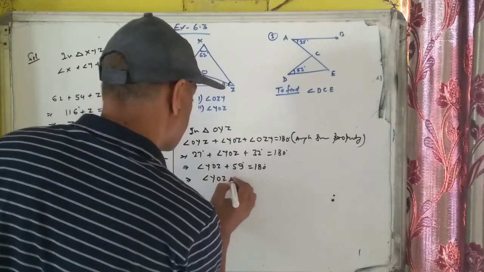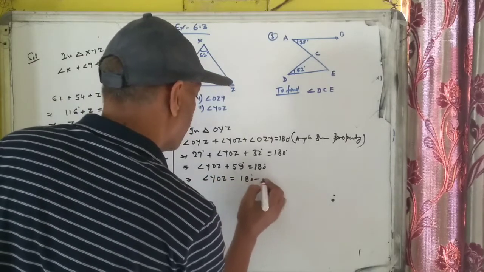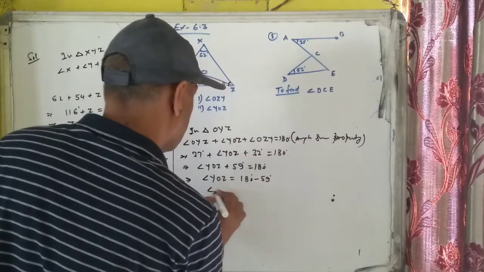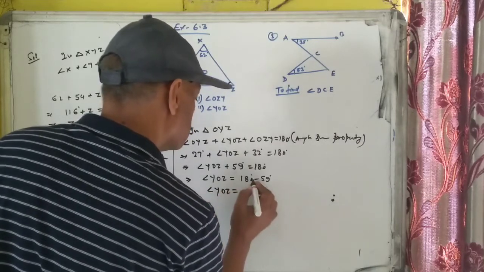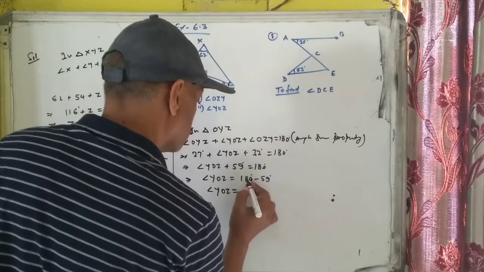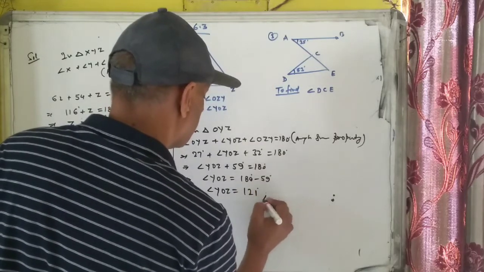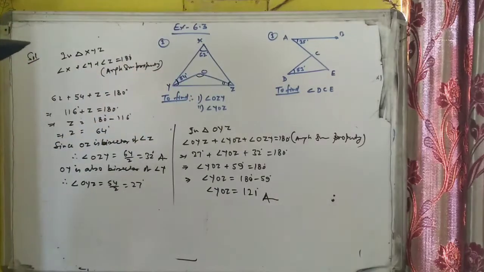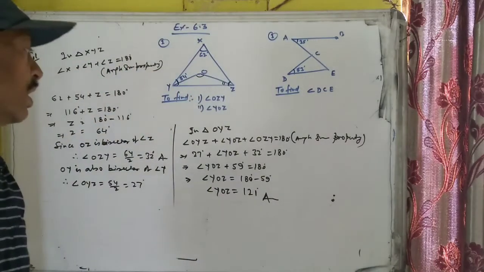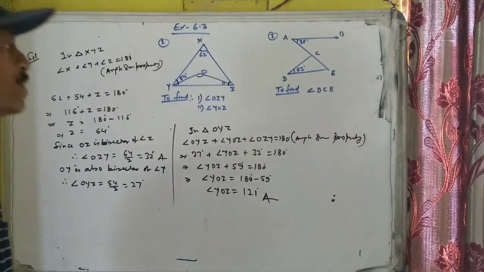Angle YOZ equal to 180 minus 59, and this is 121. So in this way we get the answer of both parts in question number 2.